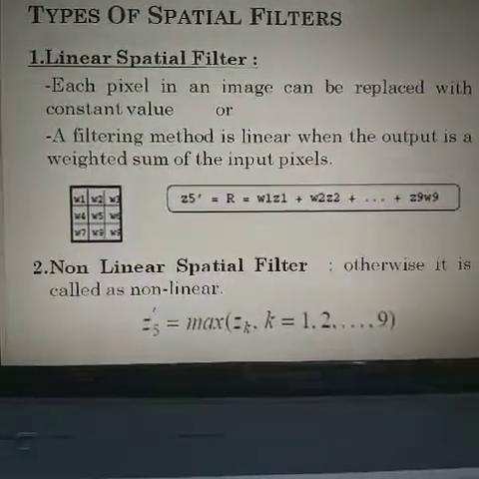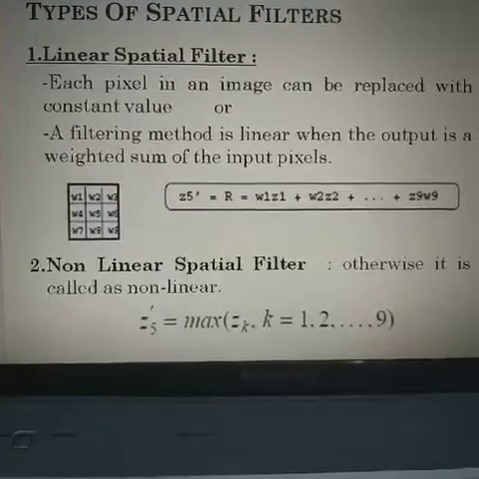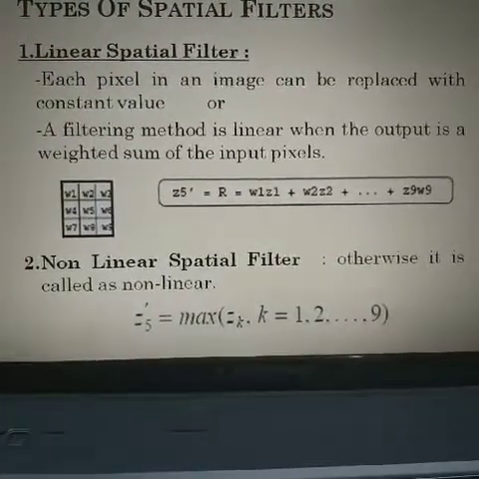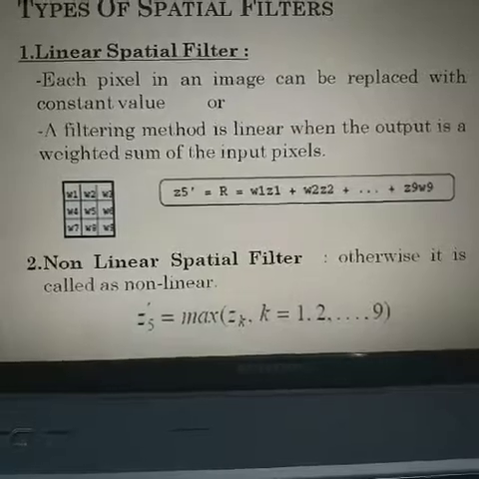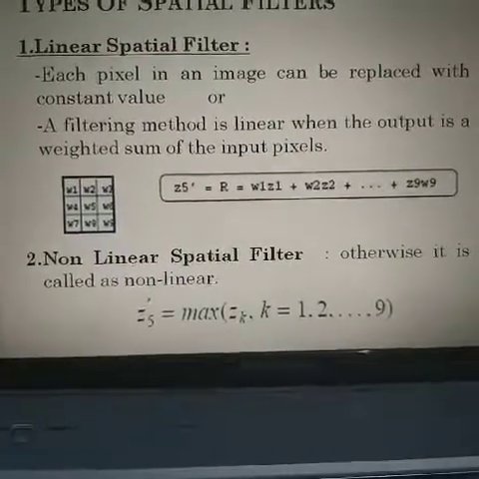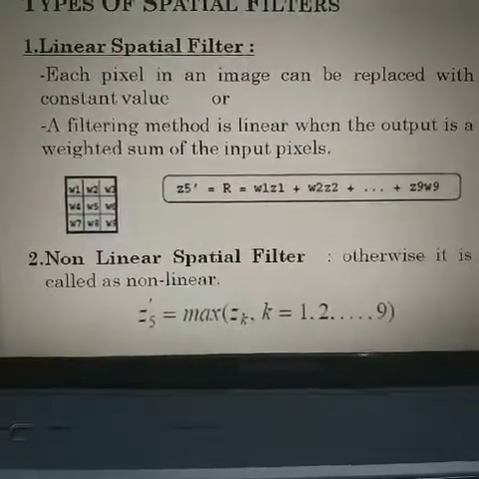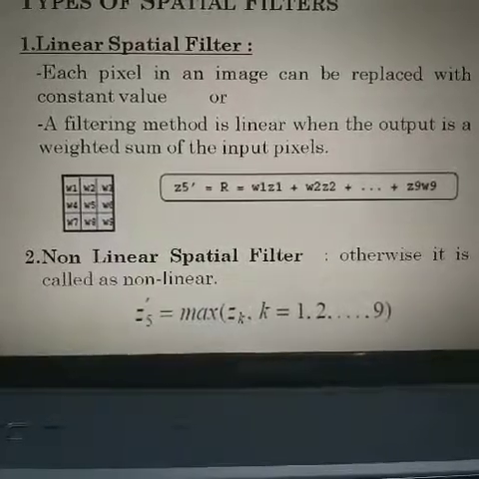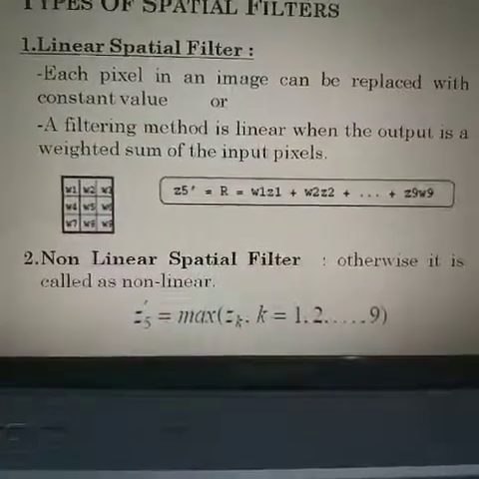So here we have some types of the spatial filters. We have the linear and the non-linear spatial filter. What are the linear spatial filters? In which the output is the weighted sum of input values, or each pixel in an image can be replaced with a new value.